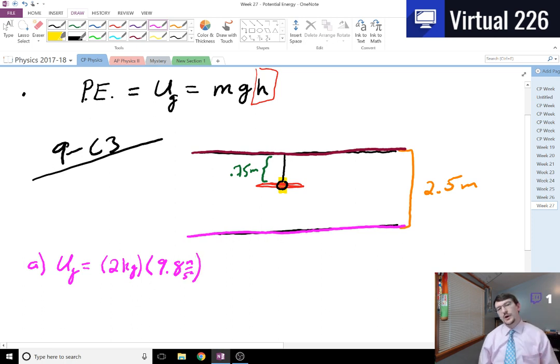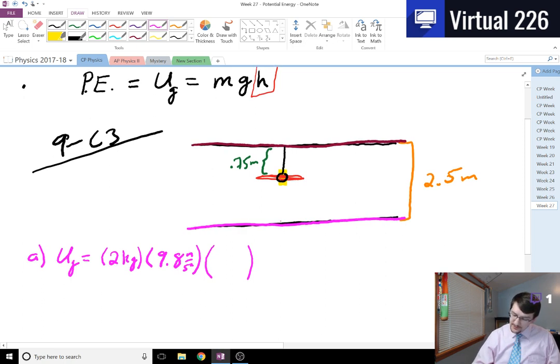We're using positive values, unlike way back when we did projectile motion, because when we did projectile motion, we always just assumed down was the negative direction. But our direction is going to be dictated by the height here, or how far away we are from the reference position. In this case, our reference position is the floor. Our lamp is above it by some amount.